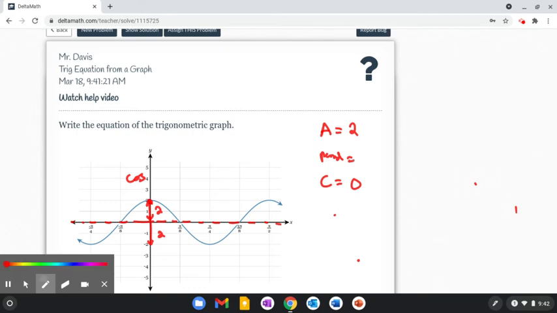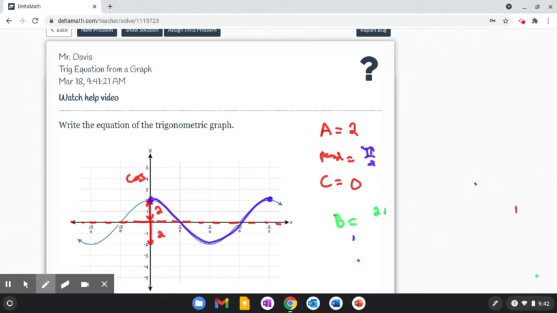And then our period is going to be, well, let's see, a cycle here. Start here, go down, back up to the top. So it looks like our period is pi over 2. So now we can find our A, B, and C. We already got our A and our C. So our B is going to be 2 pi over the period.